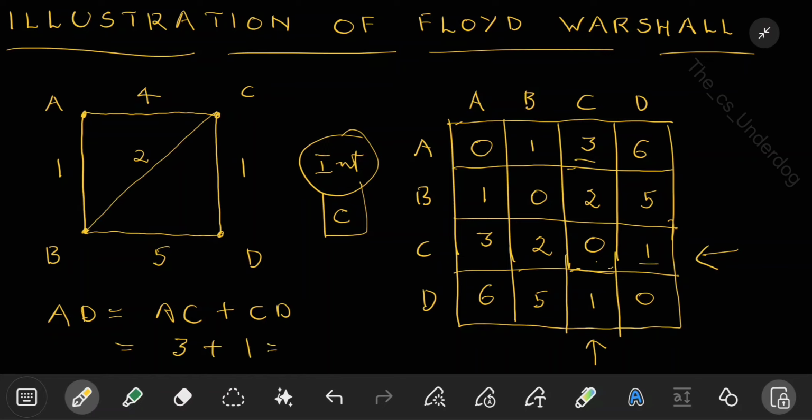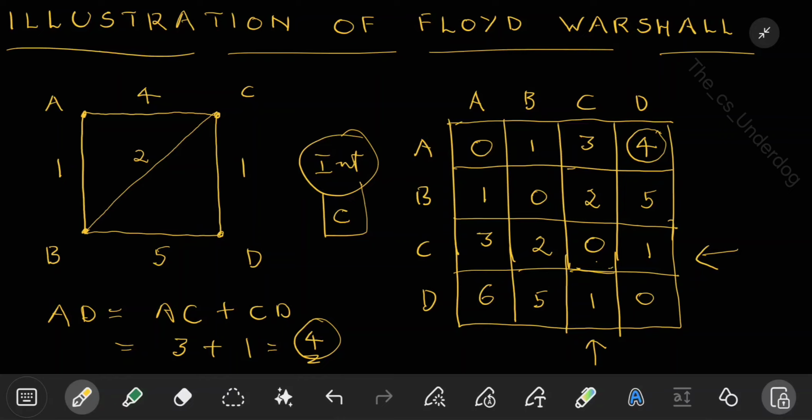So this will give you a total of 4. The existing value at AD is 6. Your value 4 is smaller than 6, which means you can substitute this 6 with 4. So this is one change that we made in this iteration. This 3 will remain as it is. This 1 will also remain as it is.